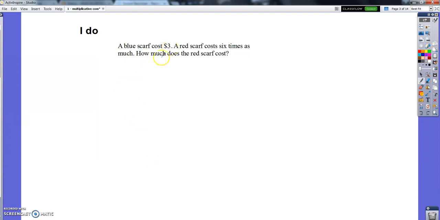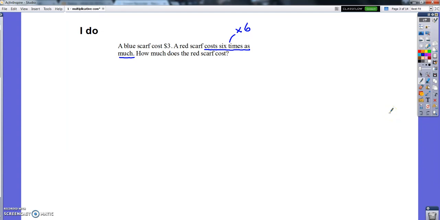So in this case, what I'm finding out is that a red scarf is more expensive than the blue scarf. It costs 6 times as much. When I see 6 times as much, I'm thinking multiplication by 6. And "as much" is a clue that I'm making a comparison.